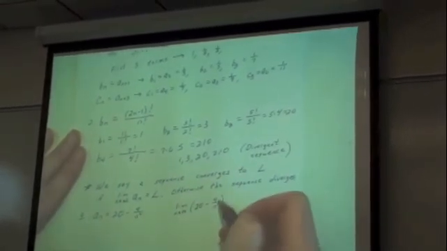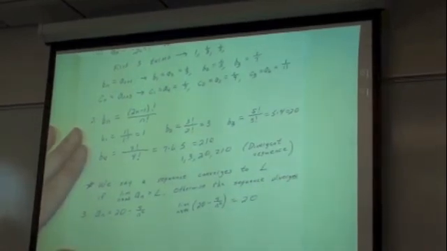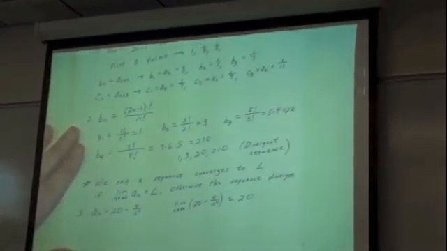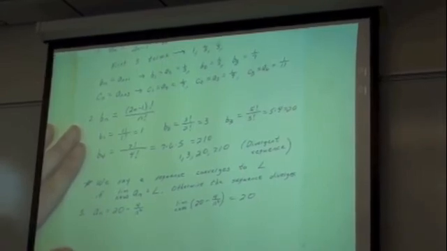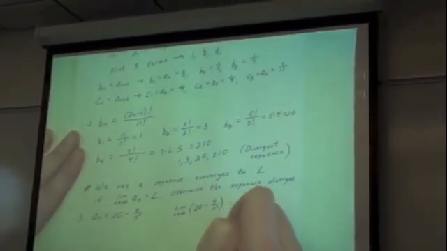That number's going off towards 0. So this is just going off towards 20. It becomes 20 minus 0. So you'd say, since it converges to a number 20, this series is convergent. And that would be the answer.